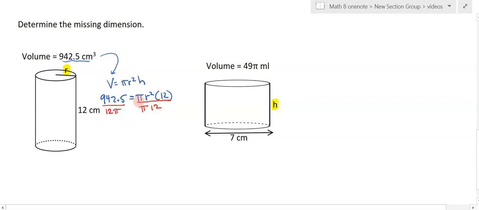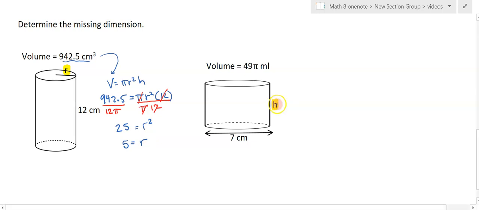That cancels on this side, and I'm left with r squared equals 942.5 divided by 12 pi, which is approximately 25, so 25 equals r squared. Now to undo squaring, we square root both sides, so 5 is the radius. If I ask for the diameter, I just double it and get 10.